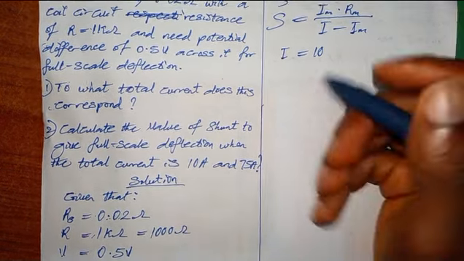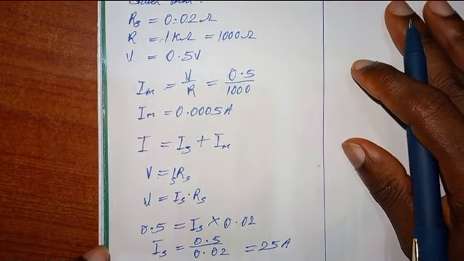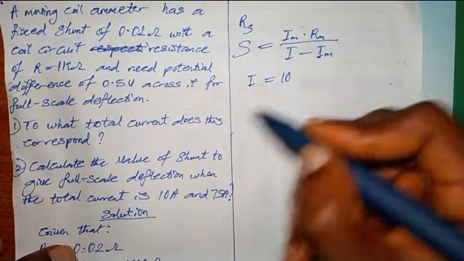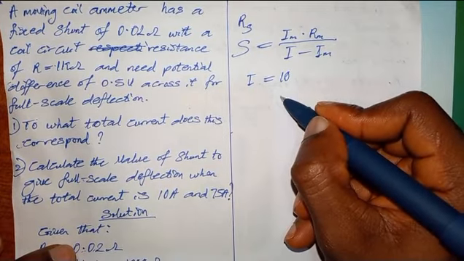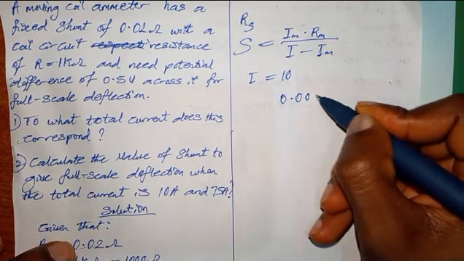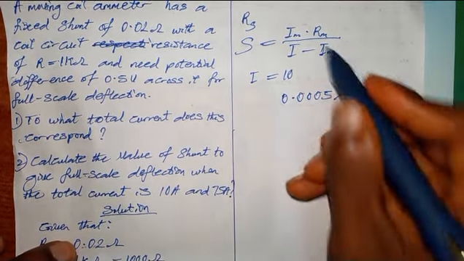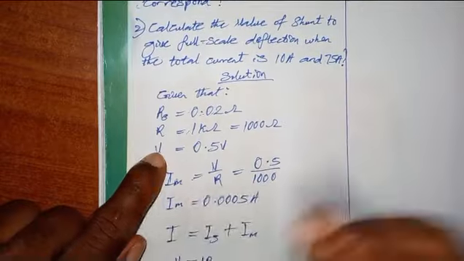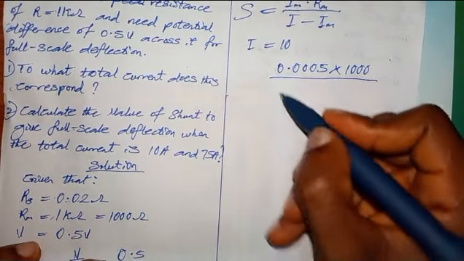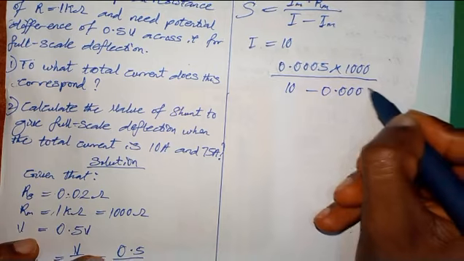If you fix in the formula, the first one you have solved for Im and Rm. Now fixing this, Im is 0.0005 times 1000, which was Rm here, divided by 10, which is the total current, minus 0.0005.